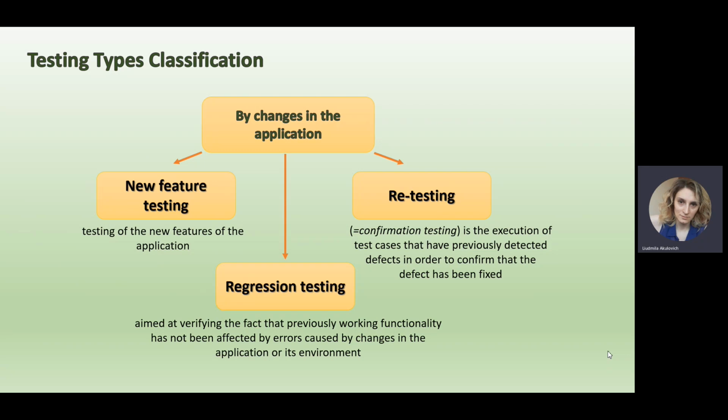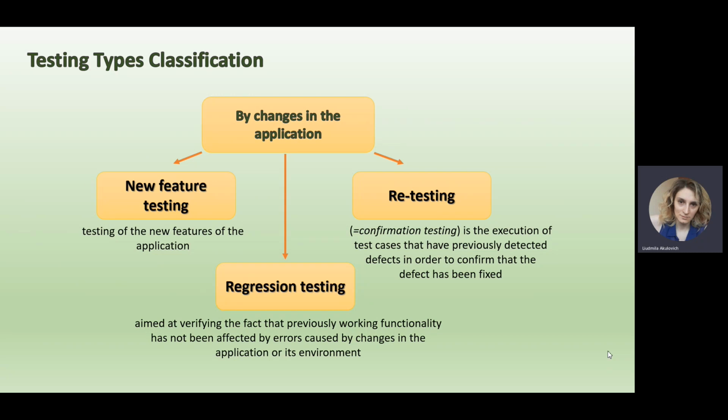Maybe it is core functionality, and now it's just crashed by the system changes. In this case, you perform regression testing to confirm that previously working functionality continues working properly.